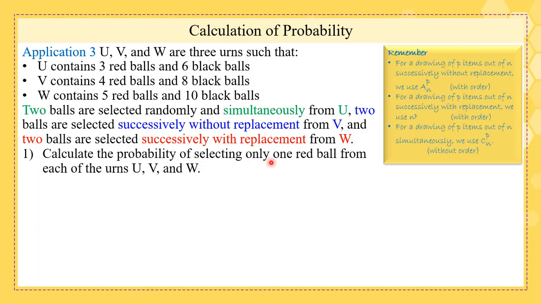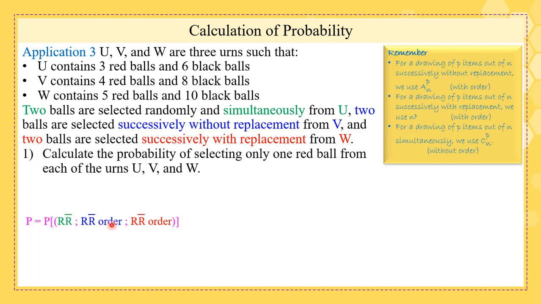Calculate the probability of selecting only 1 red ball from each of the urns U, V, and W. Try to do it alone. We need only 1 red ball from each urn. Well, in this case, this means R R-bar, R R-bar, R R-bar.